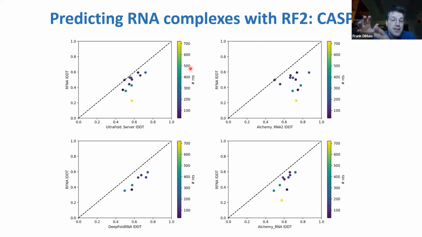It really does depend upon the certainty of the prediction. In cases where the predicted LDDTs are low, where the network is unsure, it will often give you very different predictions each time you run it. In cases where the predicted LDDT is high, generally it will give you almost exactly the same prediction each time.